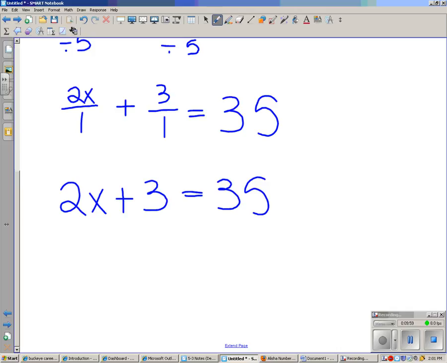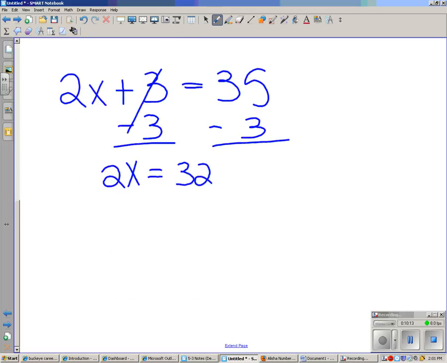What do I do first? Subtract 3 from both sides. So I'm left with 2x equals 32. And then divide by 2. x equals 16.